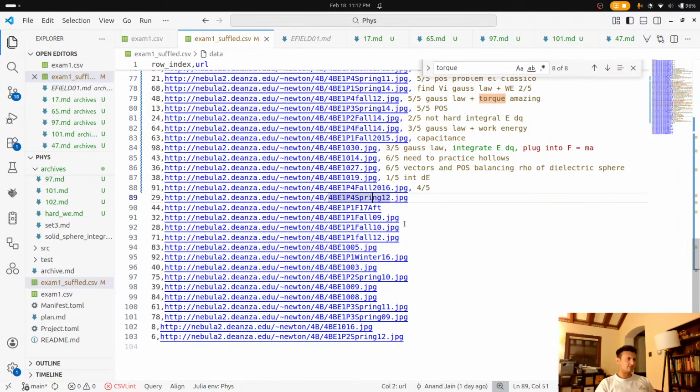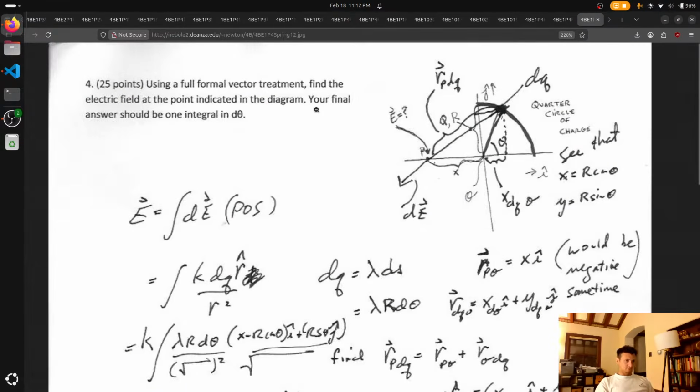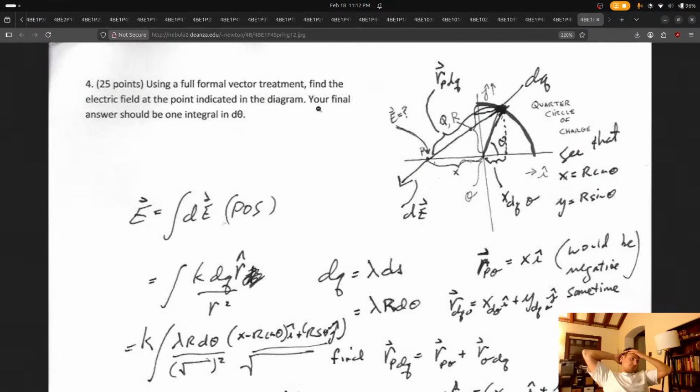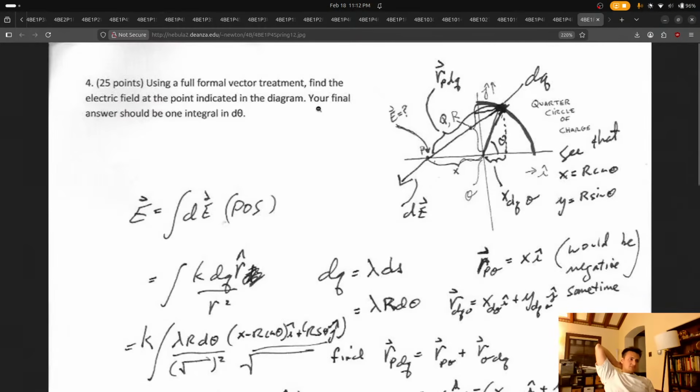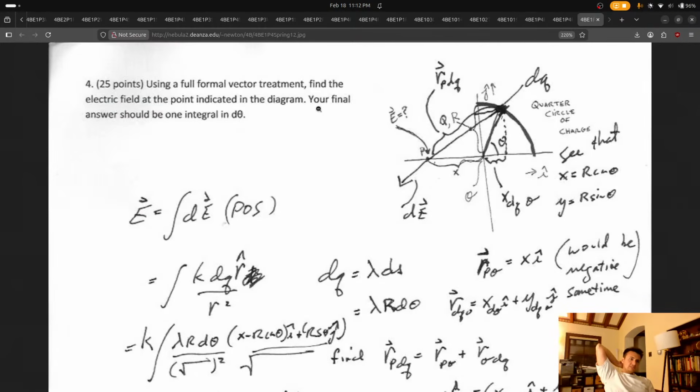What am I wasting time on? Cos theta plus x. X minus r cos theta. X minus r cos theta?